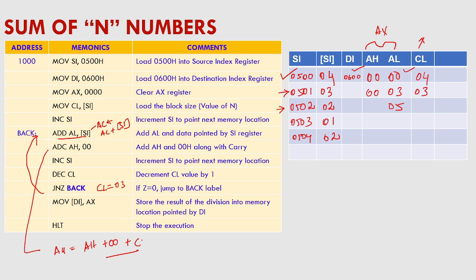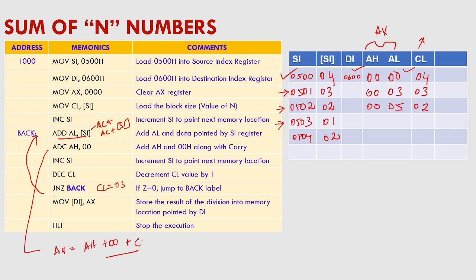That is what we are writing: ADD AL, content of SI. That means AL equals AL plus the content of SI. That gives 05. Now ADC AH, 00. Again there is no carry, so you will have only 00. Now increment SI. The current address of SI is 0503. Now decrement CL to 02.